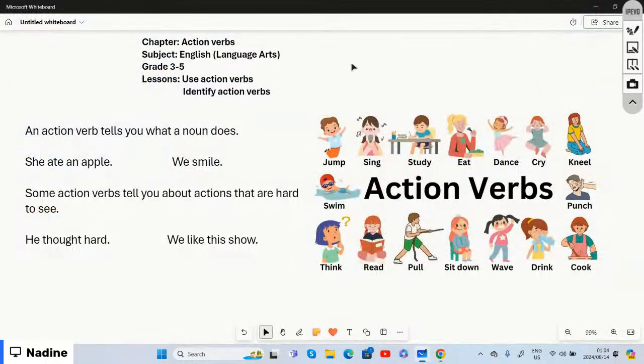All right, so we see that our chapter is action verbs. Our subject is English language arts. We're doing grade 3 to 5.